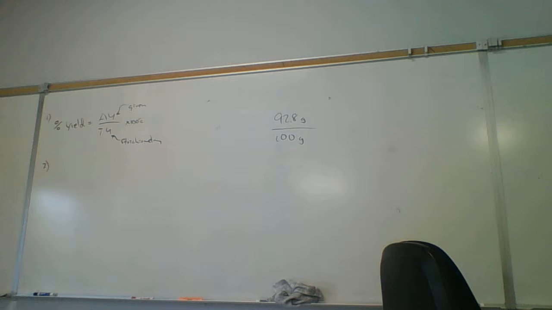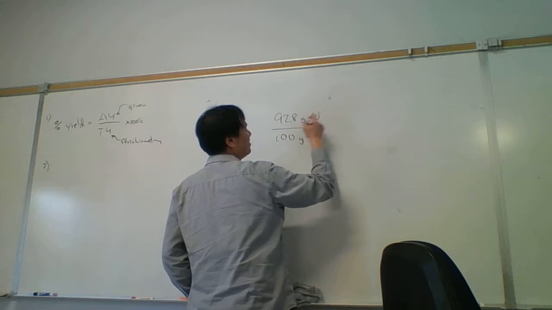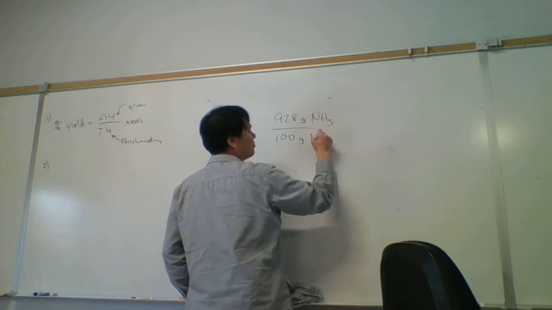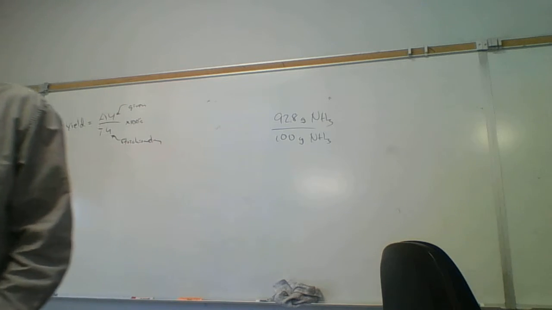There are two products, calcium carbonate and ammonia, but the product of interest will be ammonia. And so we're going to get 92.8% yield of ammonia. The way we would do that here, we'd say there's 92.8 grams of ammonia for every 100 grams of ammonia. But then we have to add something to it.